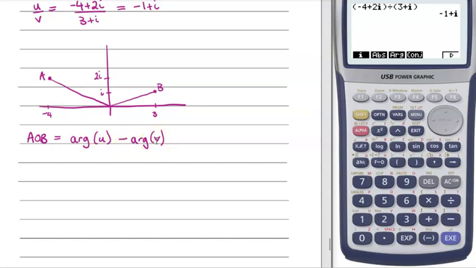Now if you think back to de Moivre's theorem, if we're subtracting the two, we can divide like this. So the argument, when you're subtracting two arguments, it's the same as if you'd done the argument of the division of the two things. So this would be the same as the argument of minus 1 plus i, so u over v.